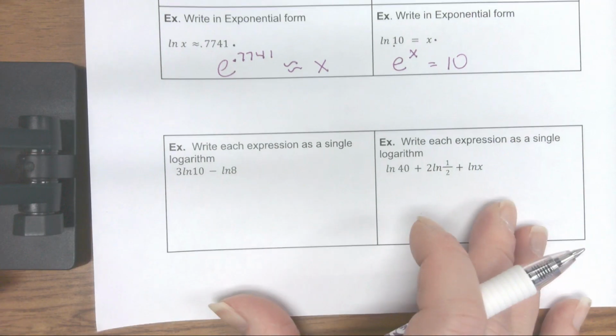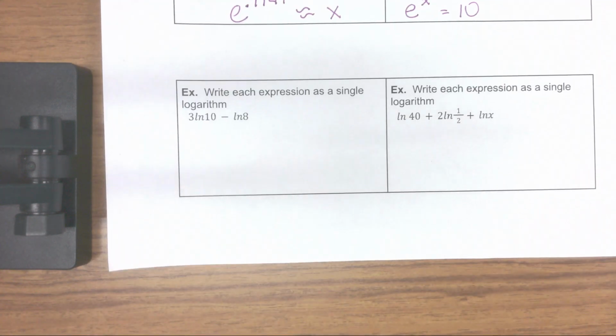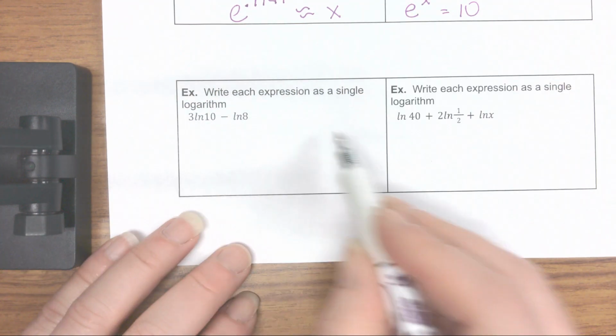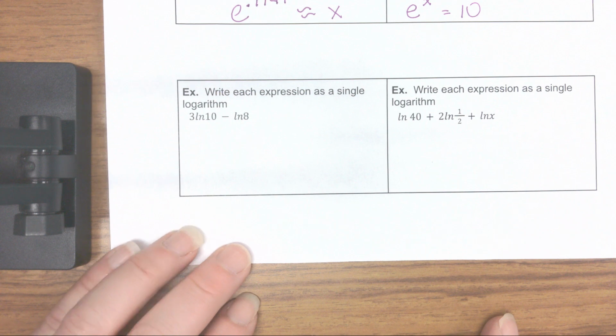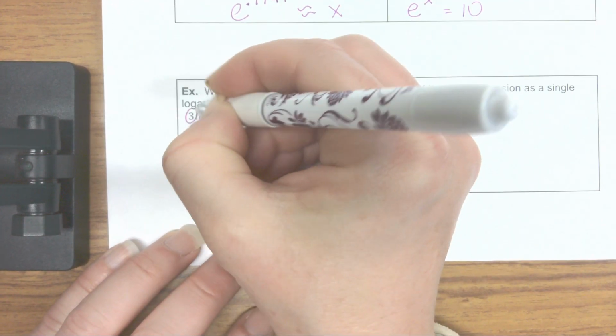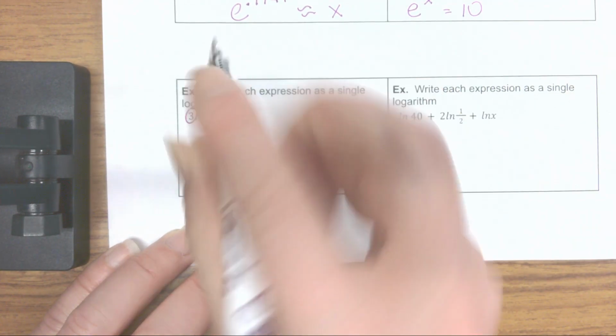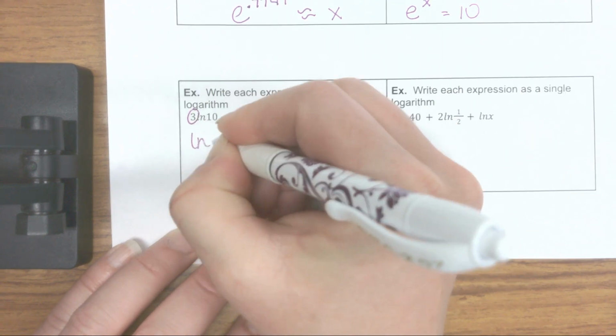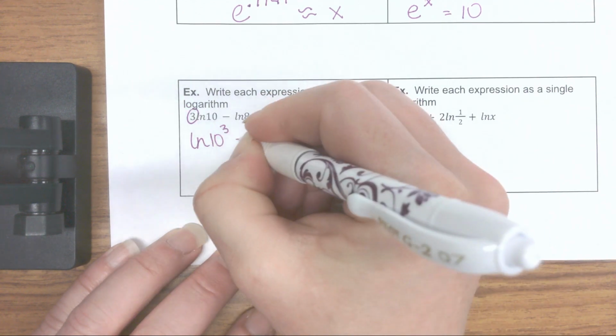Oof, who remembers our properties from before? I'm asking you to go back and remember properties. Do you remember how subtraction you can put together as division? We're just doing it today with a natural log, and the number in front was the exponent. All right, so I'm going to do two examples where I'm putting that together with natural log. The very first thing I'm going to do is take this number in front and put it in the exponent. So this would be the natural log of 10 cubed minus natural log of 8.